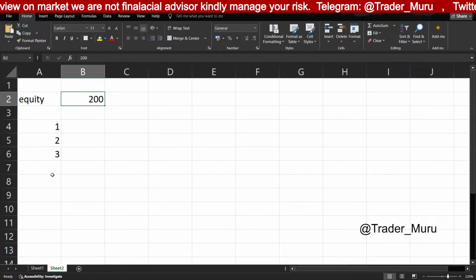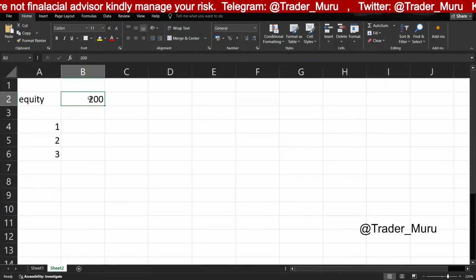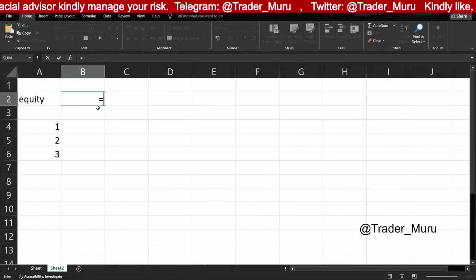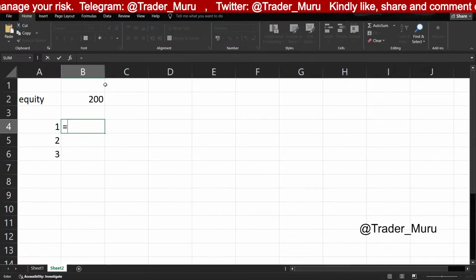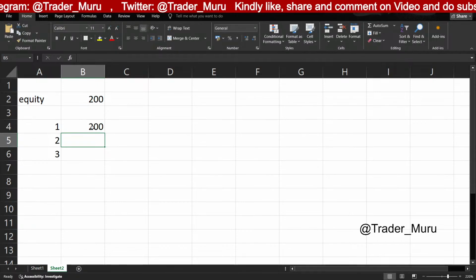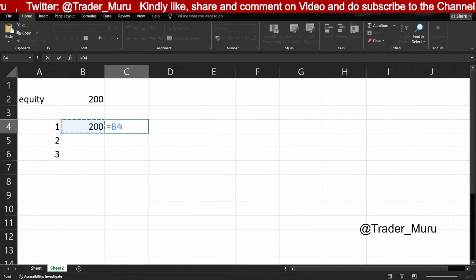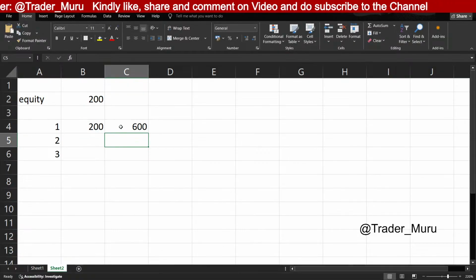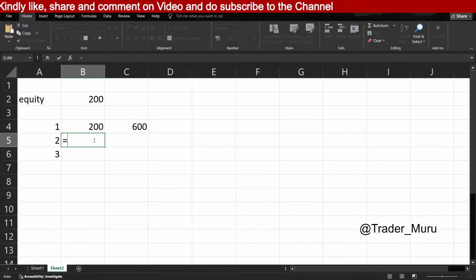In 3 trades, 1 gem 3, I use full risk here, and I will be risking the full amount.